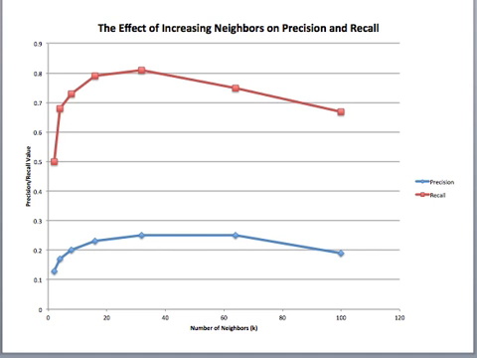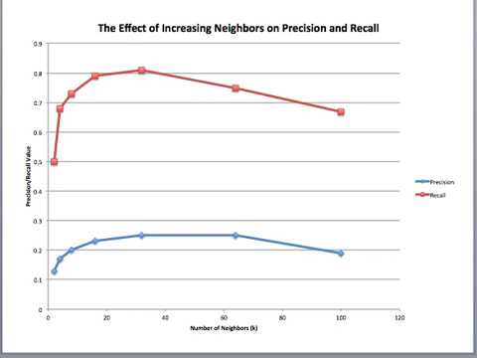We also looked at the effect of increasing neighbors on precision and recall. You can see here that as the number of neighbors increases, it gets to a point where there's a peak, and then after a while it starts to decrease.